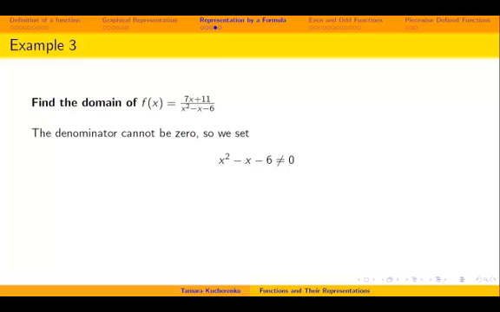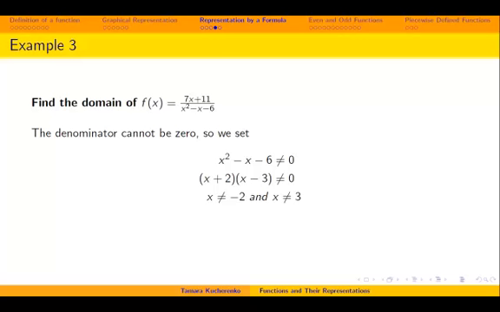We factor the expression x squared minus x minus 6 into x plus 2 times x minus 3. Since x plus 2 cannot be 0, x is not equal to negative 2, and x also cannot be 3, since x minus 3 cannot be 0.